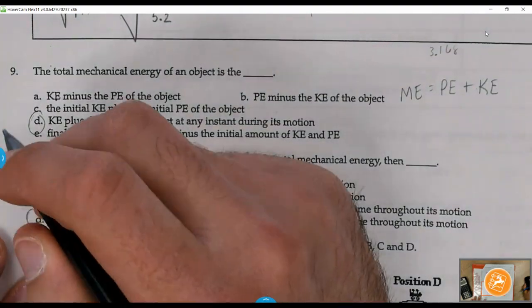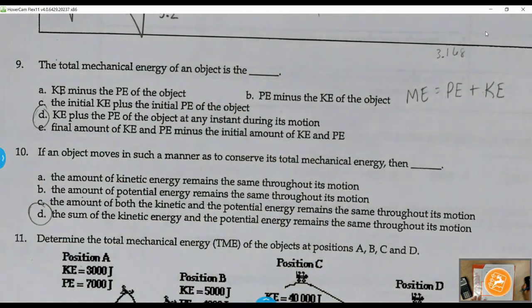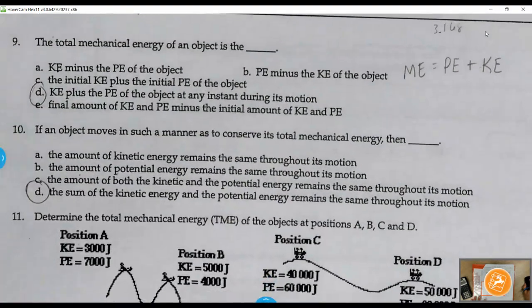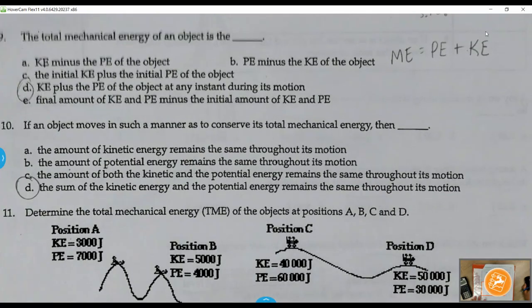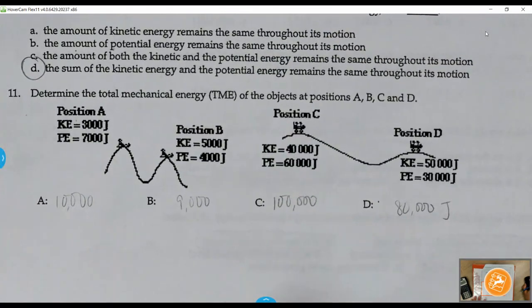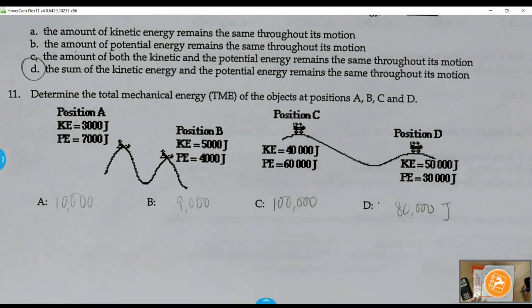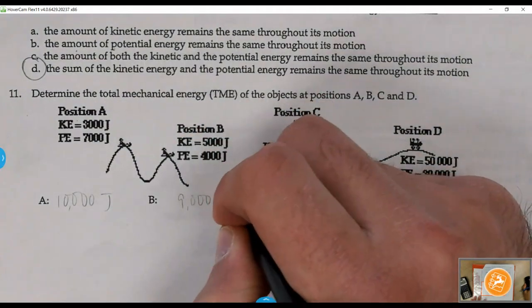Then, yes, letter D. And then the last one asks you to determine the total mechanical energy at each of these positions. You're just going to add them. And when you do, you're going to get 10,000, 9,000, 100,000, and 80,000. So those would be your energies, and they should all have joules.